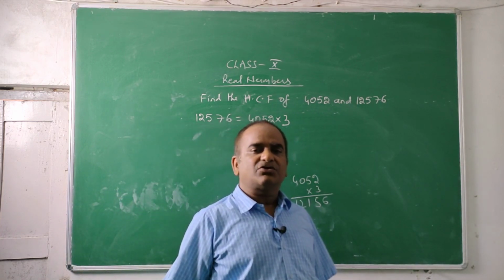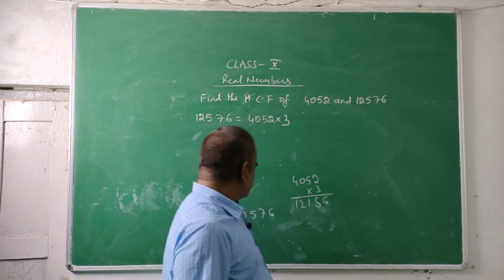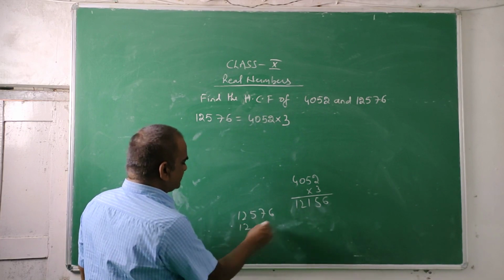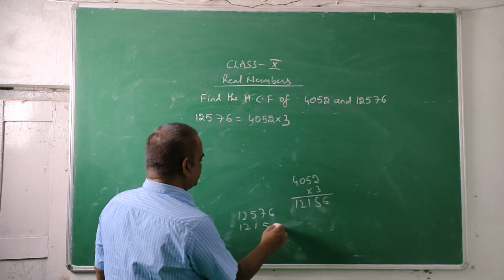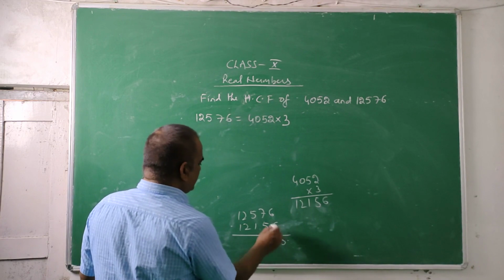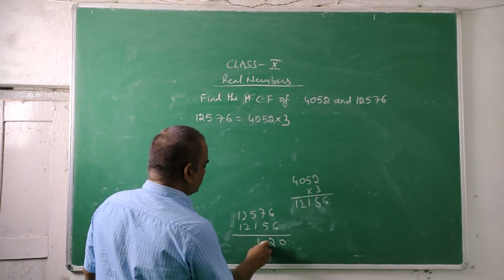So you should not feel afraid of doing calculations. Now you subtract 12,156 from 12,576. So this is 0, this is 2, this is 4.